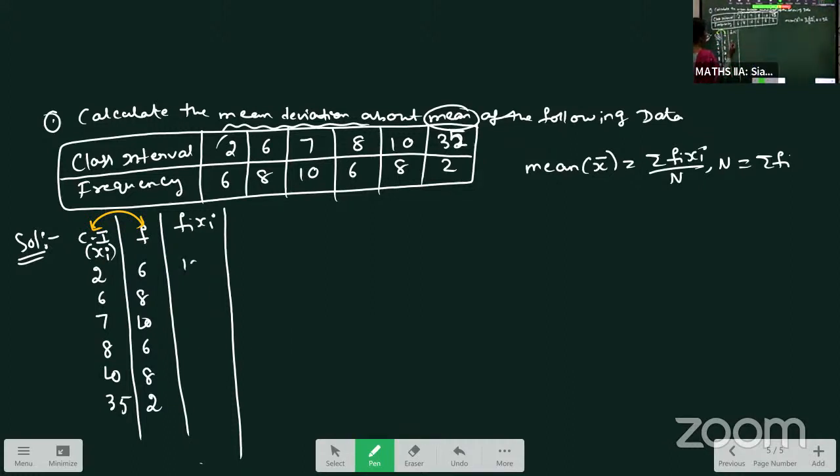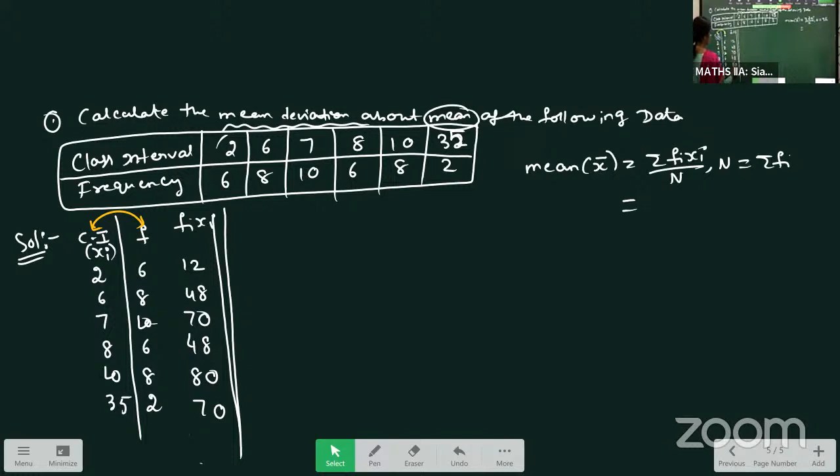2 into 6 is 12, 6 into 8 is 48, 7 into 10 is 70, 8 into 6 is 48, 10 into 8 is 80, 35 into 2 is 70. Now we want sigma fi xi, which means the summation of this.